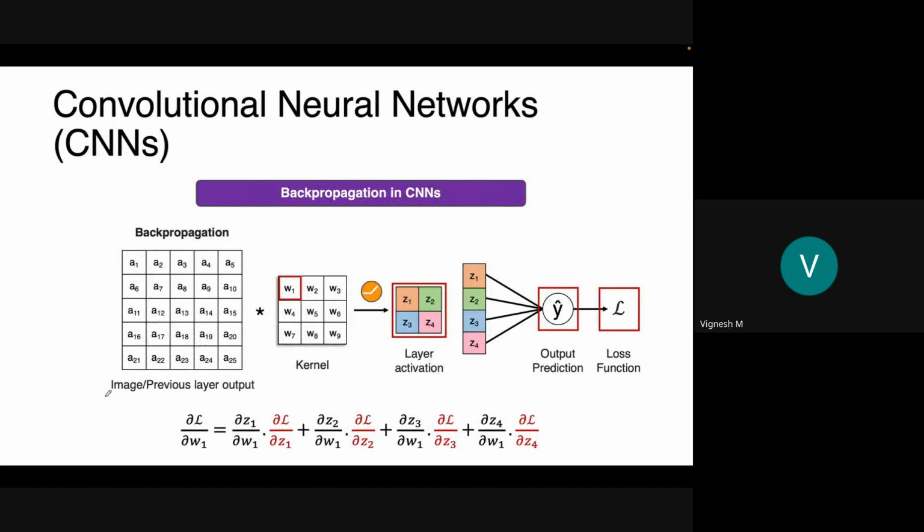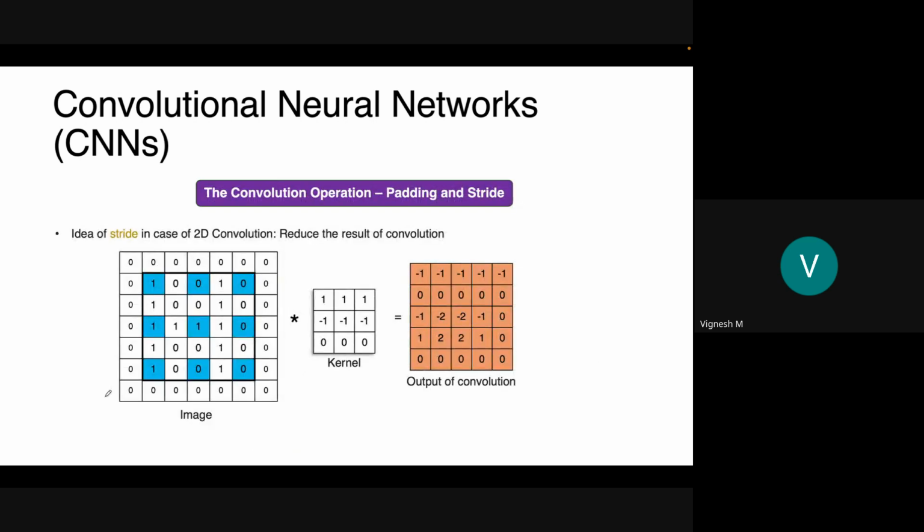Let me dig back to that. Where did I talk about this? Somewhere here. Ah, there you go. Here we do padding on both sides. The reason being that at the end of the day we want, in this case, the same size as that of the image as the output of the convolution. So we want to pad it on both sides.